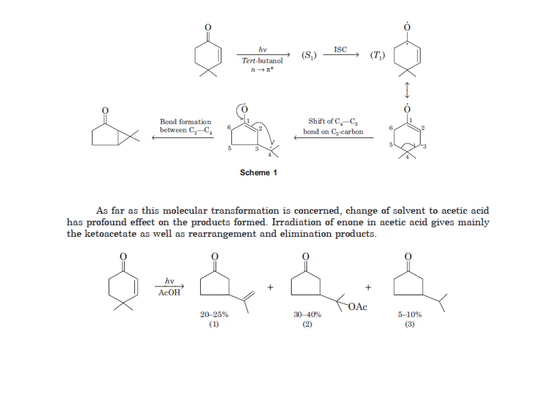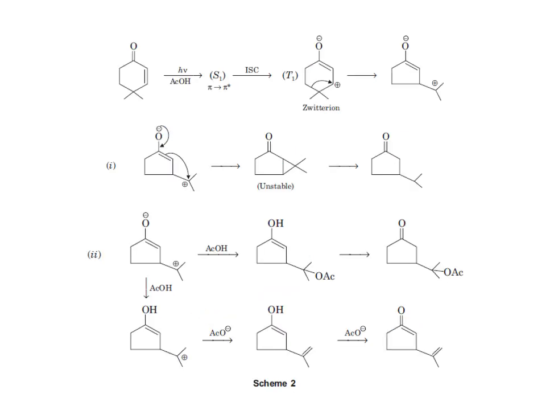Now this difference is only observed when we change the solvent from tertiary butanol to acetic acid. This lumiketone is not isolated from the reaction mixture because it is unstable to light, and in the presence of acetic acid it is readily converted into 2-isopropylcyclopent-2-en-1-one.